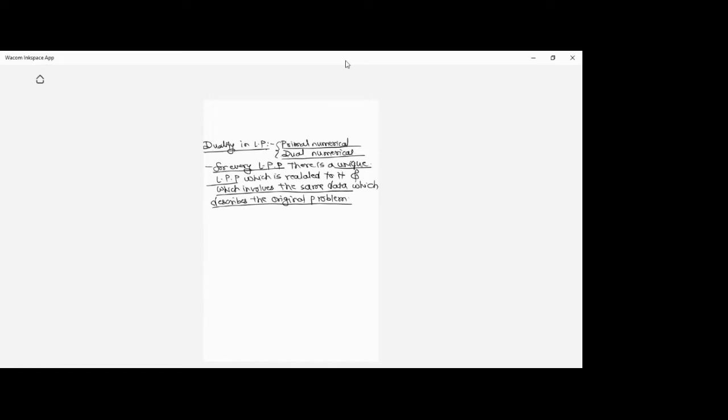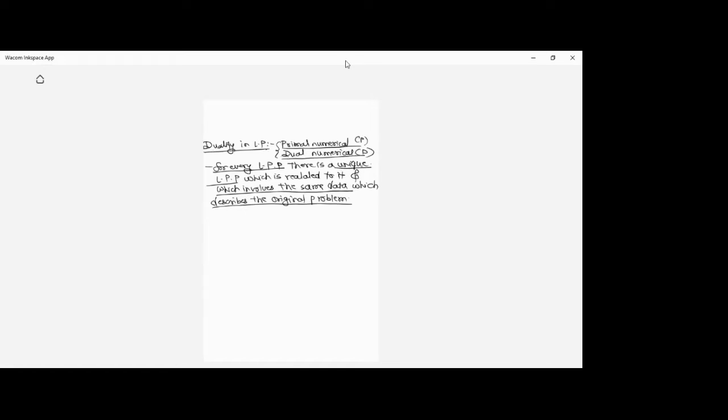That numerical is called the dual numerical, and it is unique in its characteristics. The primal numerical is called P and the dual numerical is called D. I'll explain it in more detail as we move ahead. The variables of your dual numerical are called the dual variables.